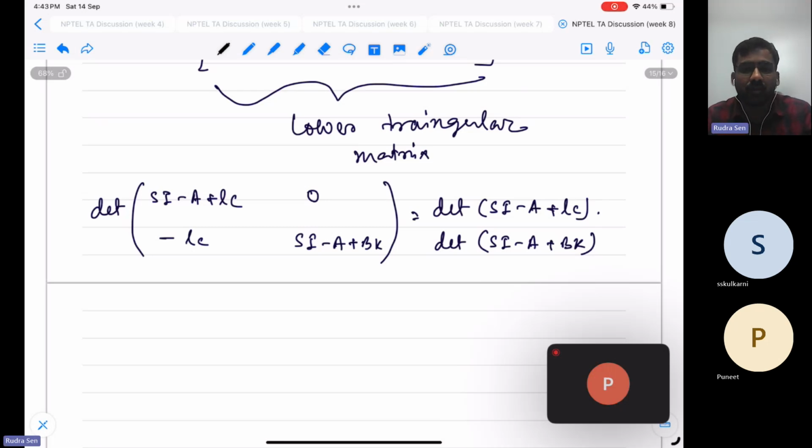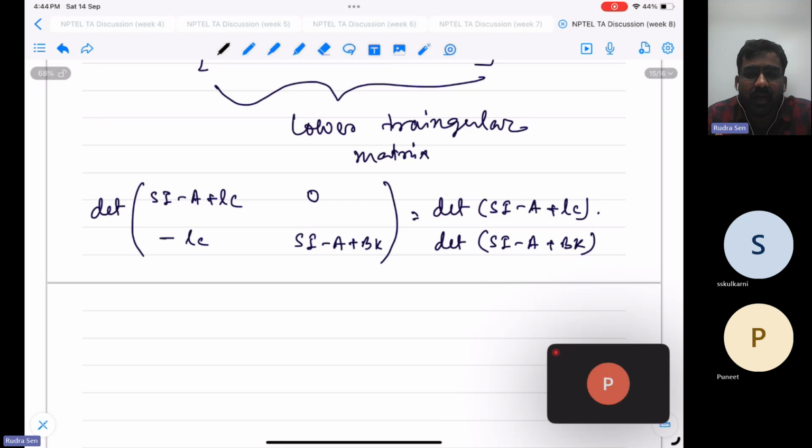Choose a system and design a controller so that the closed loop system poles lie at, let's say, -2, -1, -2. Similarly, design an observer gain for the same system so that the observer poles lie at, let's say, -5, -10.